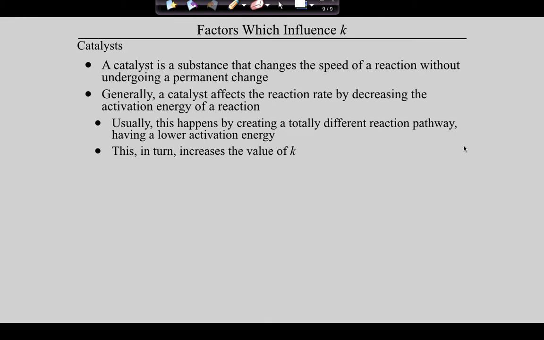So it may just be distracting, I don't know. But guys, what I'd like to do is show you an example. Before we do, let's talk about the two types of catalysts.